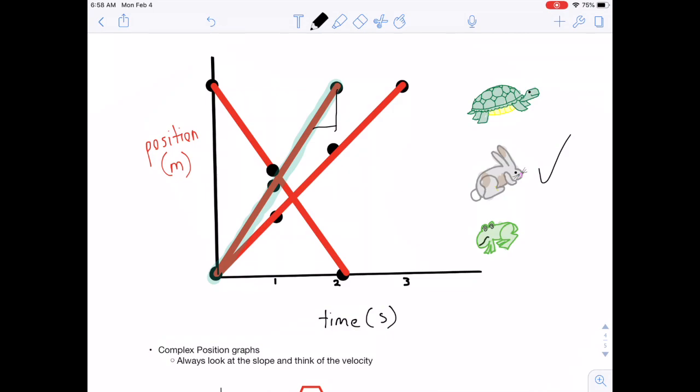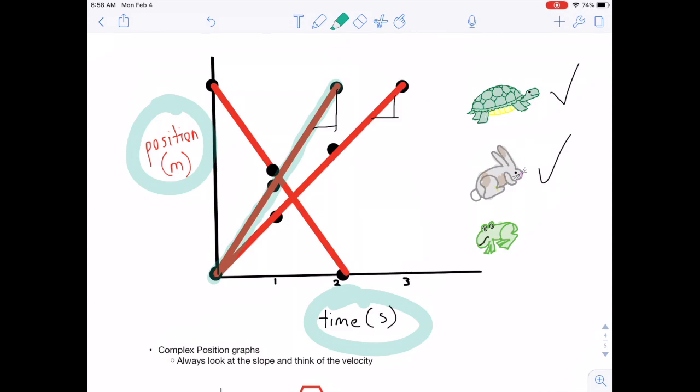And this guy has a less steep slope, so this must be our tortoise here. So the less steep the slope is, the smaller the velocity is, because the slope of a position versus time graph is the velocity. I just memorized that statement.